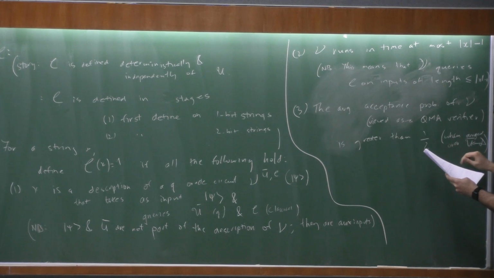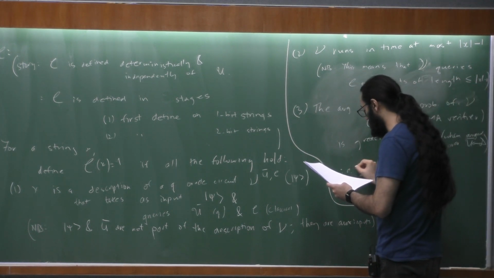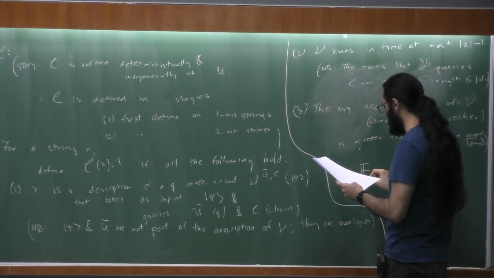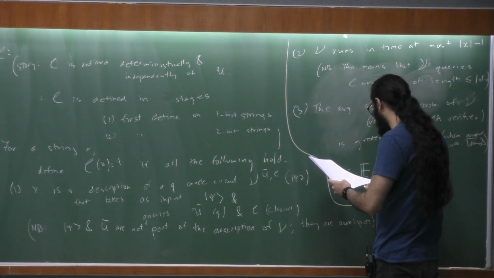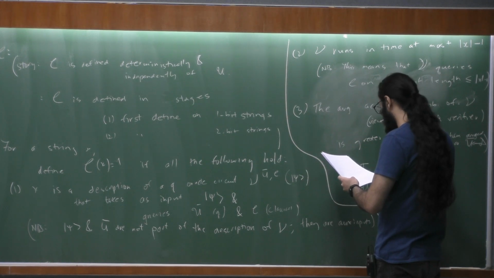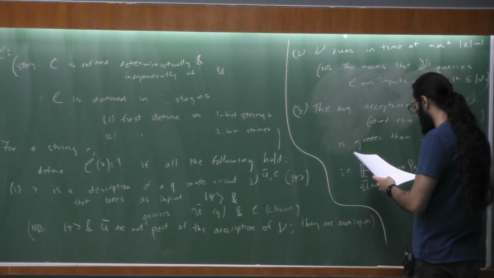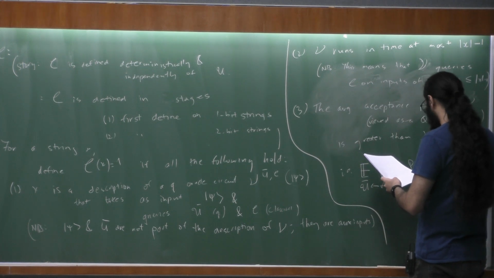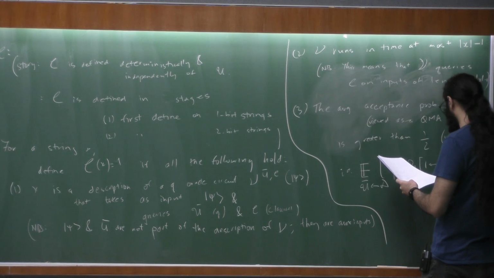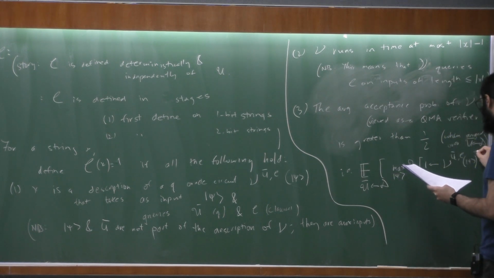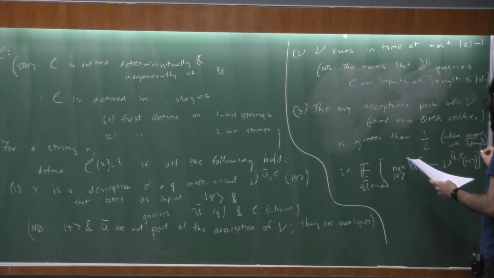Formally this means that, with U bar drawn from D, you pick the best witness, and the probability that the verifier with U bar and C accepts on psi is strictly greater than half.